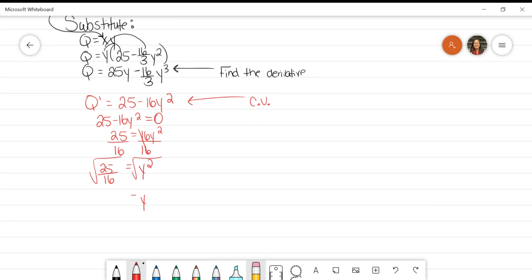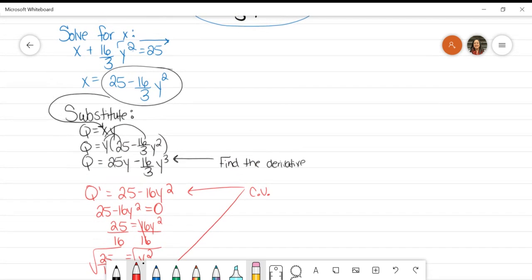That leaves me with y is equal to positive and negative 5/4. So guys, I have my critical values. So I have some things going on there, possibly maximums and minimums, right? Now we got to think about what's going on. There's a couple different ways we could do this.